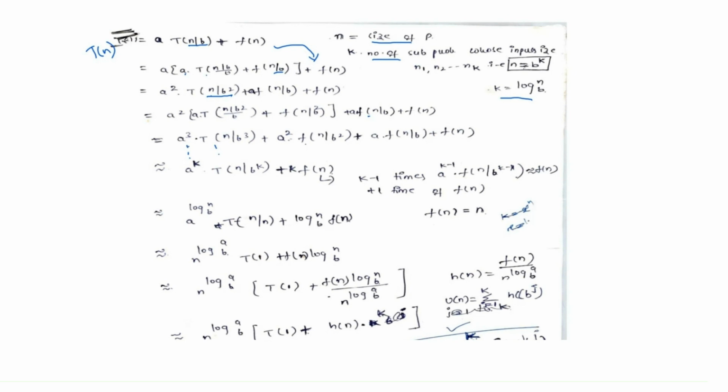Whenever it is cube here, it is square there. So if I generalize this particular term, it will be a power k minus 1 times f(n/b power k minus 1).